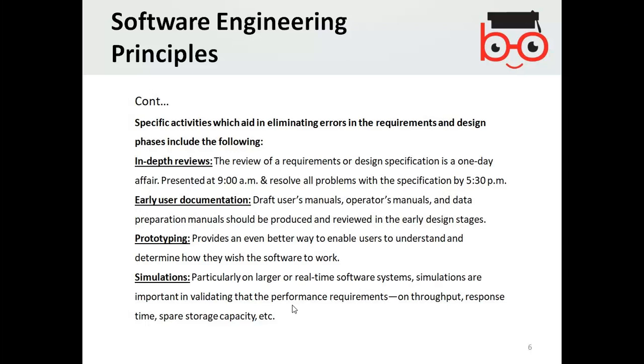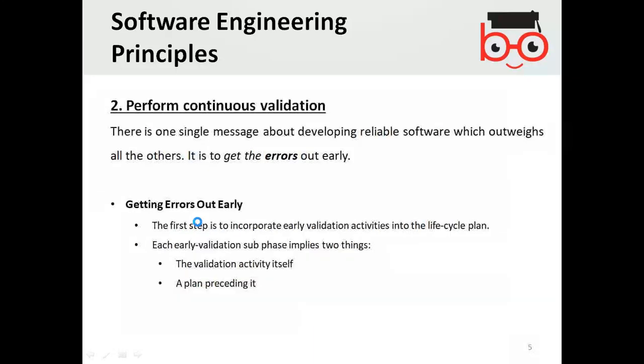Simulation is a kind of demonstration, or a process of execution using automated systems or software, in order to validate the system accordingly. So these steps will help you get the validation done.